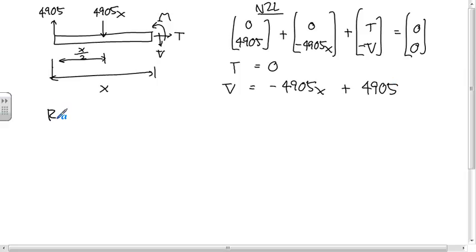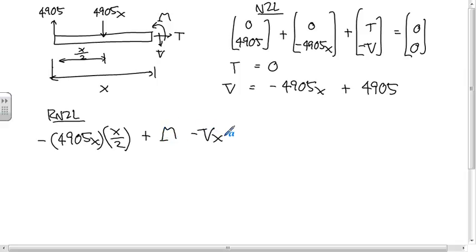And then the rotational equation. This point force produces a clockwise moment with a magnitude of 4905x times its moment arm of x over 2. So we have negative 4905x times x over 2, plus the couple, minus Vx is equal to 0.